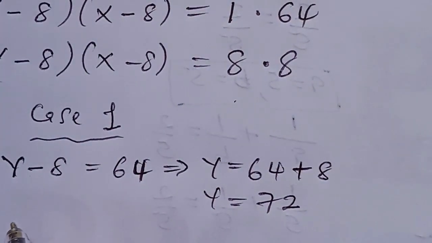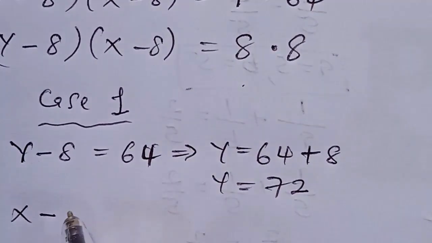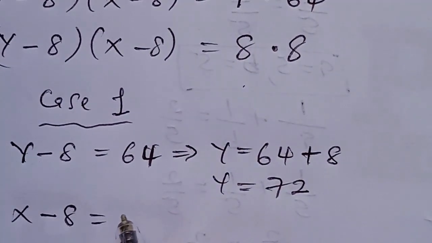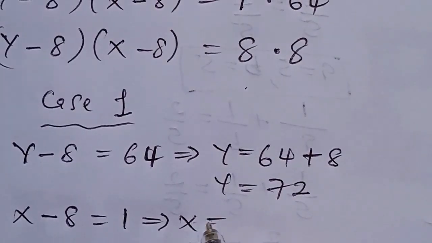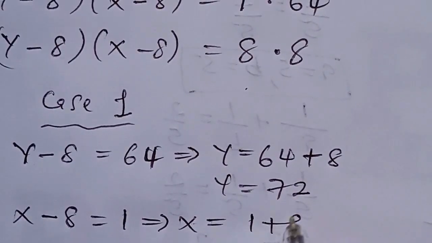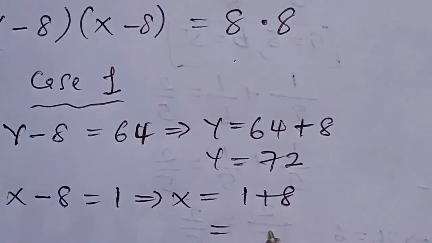So for x, we have x minus 8 equal to 1, implies that x is equal to 1 plus 8, and that's equal to 9.